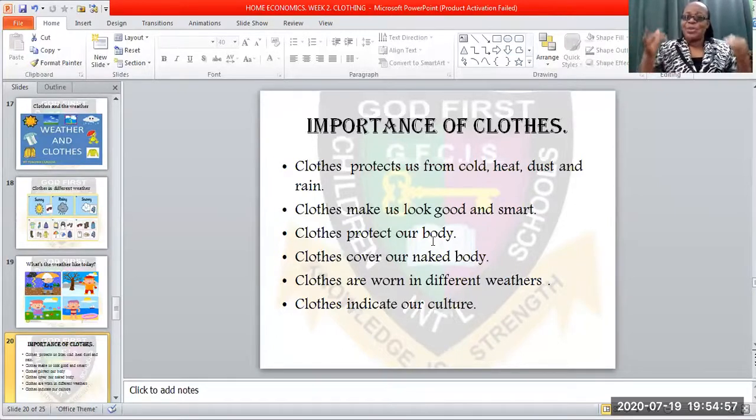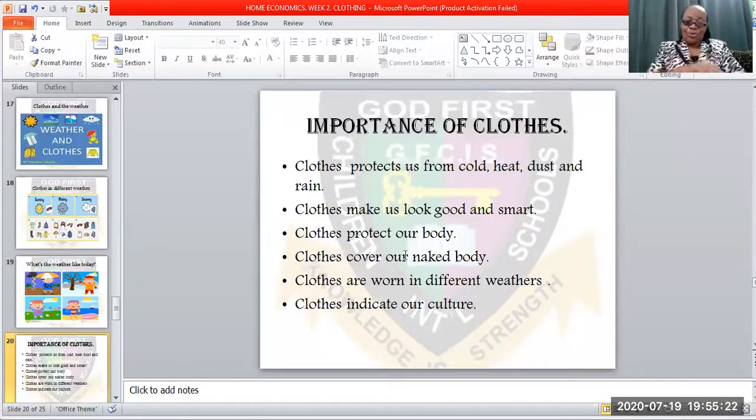Because we are wearing clothes, it will to a large extent prevent them from harming our body. When you wear clothes, the insect doesn't get to your skin, because you are well dressed.